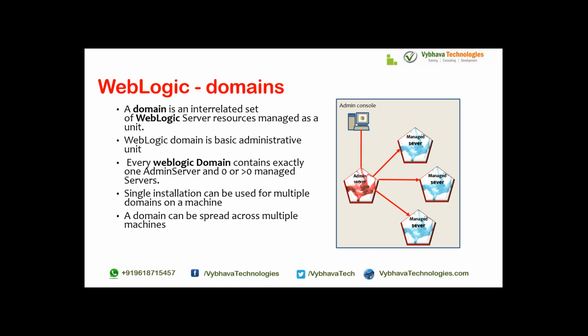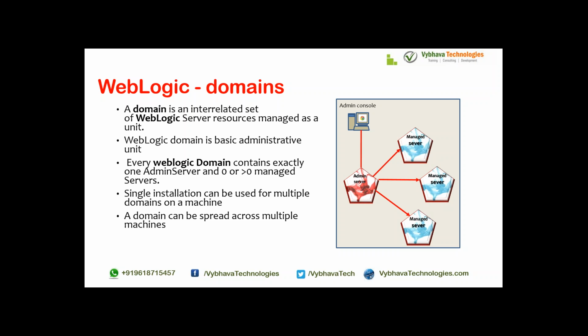The admin server controls the remaining managed servers. The admin server is like a manager. It takes all the requests for whatever daily activities you are going to do. You want to configure something, who is going to take it? The admin console. The commands will be given to whom? The admin server. The admin server works like an interface, and it will configure the database connectivity.